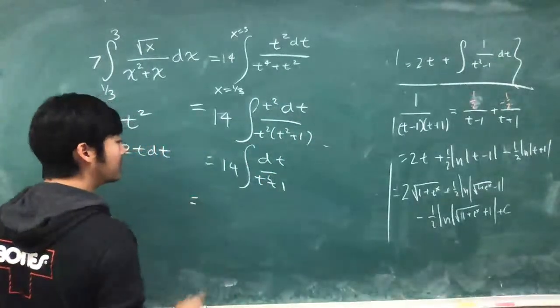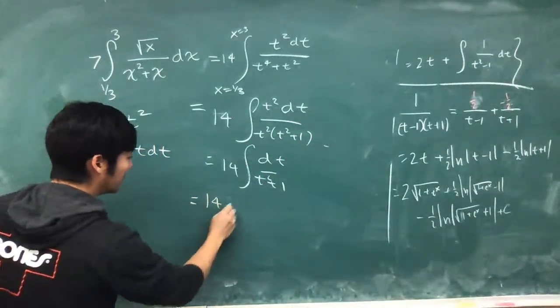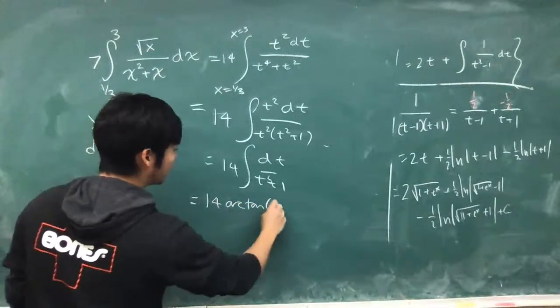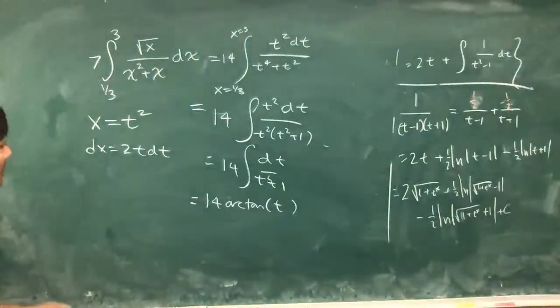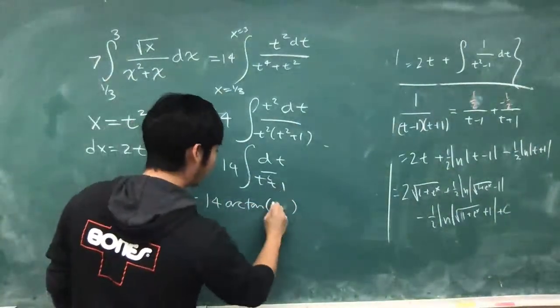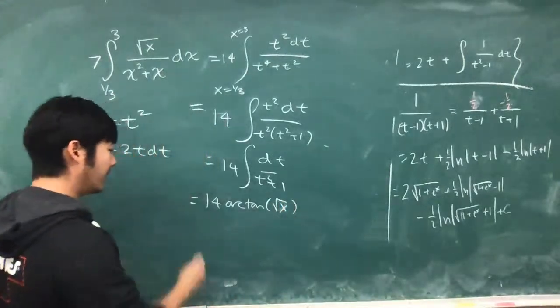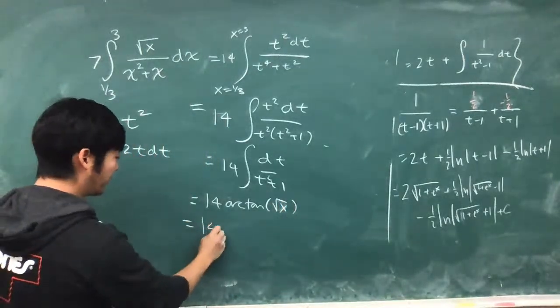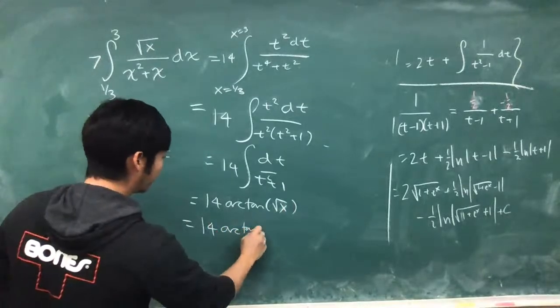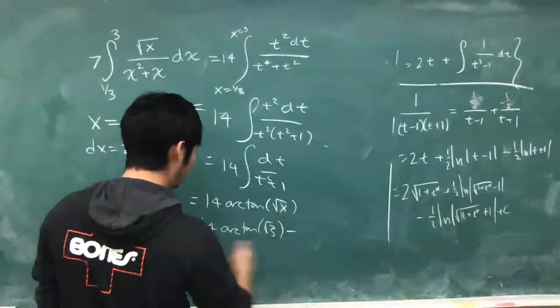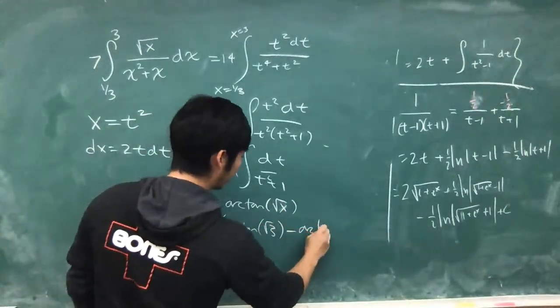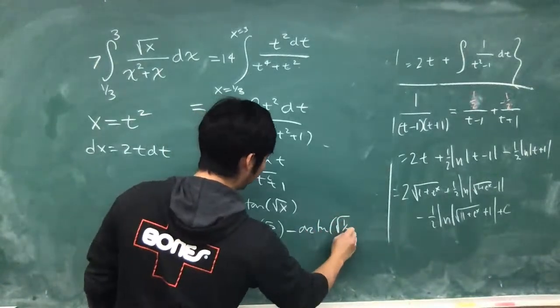So that's arctangent of t, so 14 arctan of t. But t is root x. And so this is going to be 14 times arctan of root 3 minus arctan of root 1 over 3.